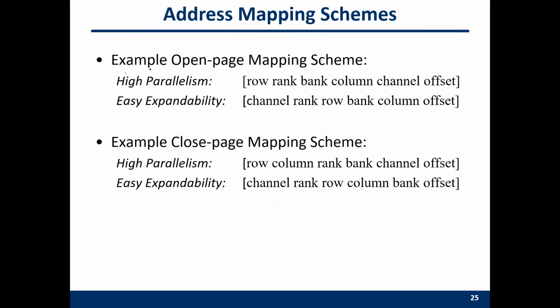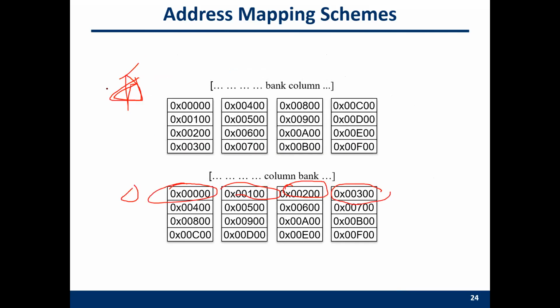And then you also have open page mapping and closed page mapping. Open page mapping means you know that you will have a lot of hits inside one page. In this way, you prefer this one, because when you open a page here, you can have a lot of following requests go to the same page.